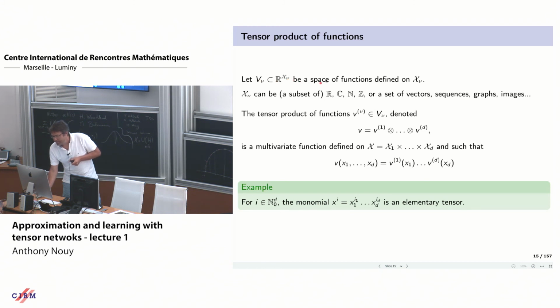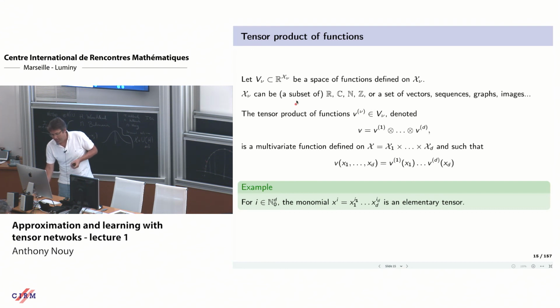In most of the results I will show you, X_nu will be R, or a subset of R, an interval, but it can also be C, N, Z, or more complicated sets, sets of vectors, sets of sequences, graphs, images, and today you can find applications of tensors involving functions defined on very complicated objects.